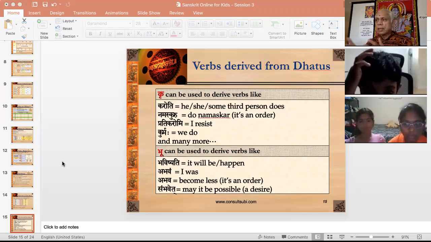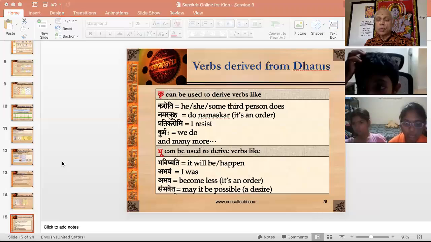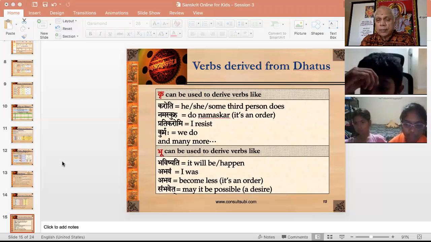Bhu can lead to words like bhavishyati. Bhavishyam means what Jyotisham predicts, right? One who wants to predict your future. There are astrologers. They are called Jyotishas, right? They are people who forecast the future.